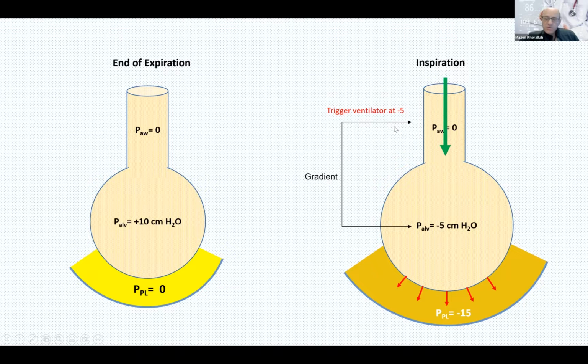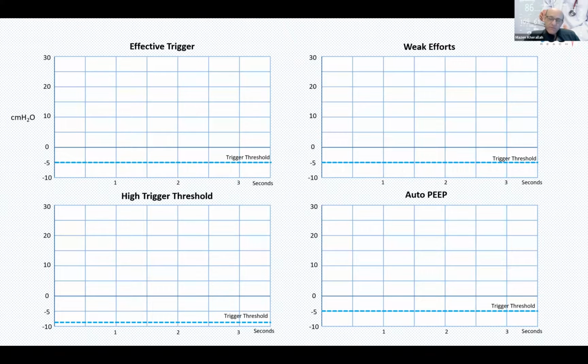If you set it at -5 centimeters of water, the patient needs to drop to -5 before he triggers the ventilator. With this, we will have different conditions that may cause ineffective triggering. We're going to review an example of effective trigger here, then weak efforts, then high trigger threshold, and auto-PEEP.